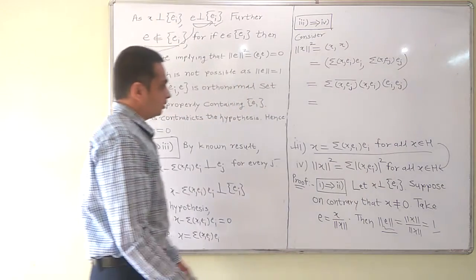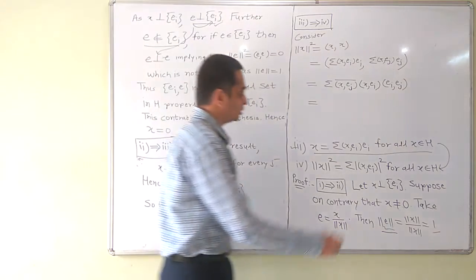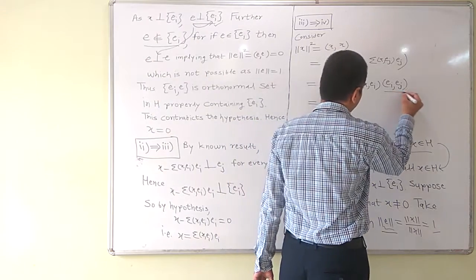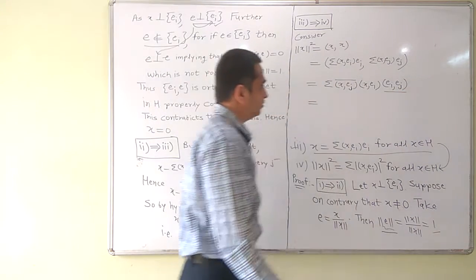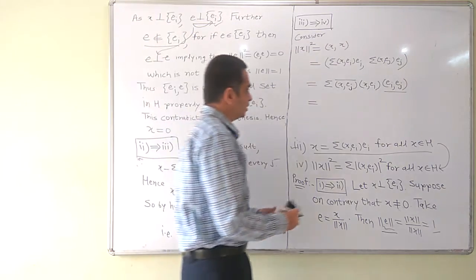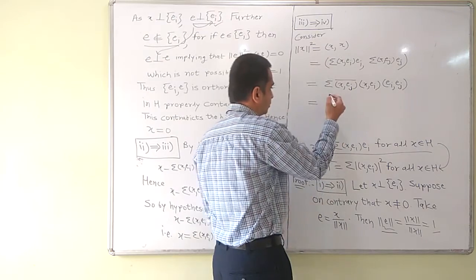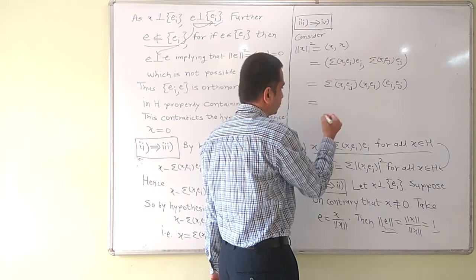So this is an orthonormal set, and we know that these are pairwise orthogonal. So inner product of ei and ej will be 0 if j is not equal to i. So all terms in this summation are going to be 0 except when j equals i.